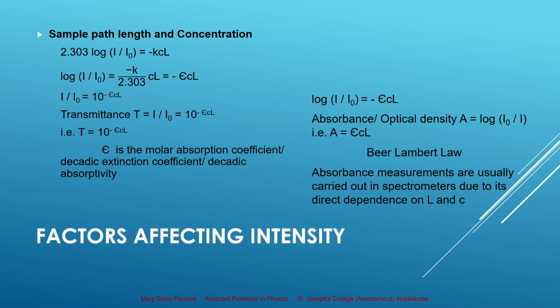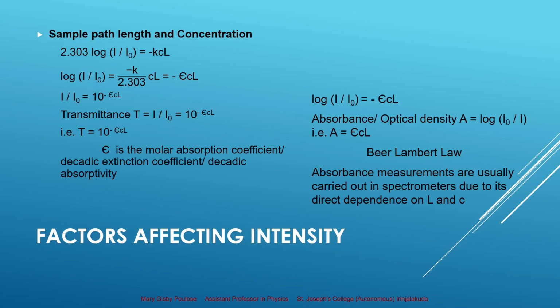We can write transmittance as the ratio I by I0. That will be equal to 10 raised to minus eta CL. Hence, transmittance T is measured as 10 raised to minus eta CL. Here, eta is the molar absorption coefficient or decadic extinction coefficient or decadic absorptivity.